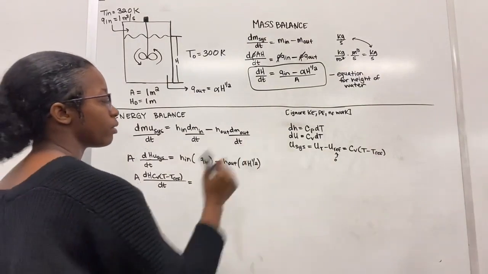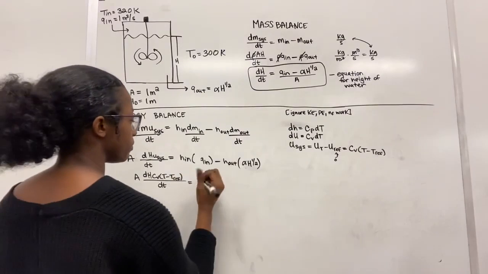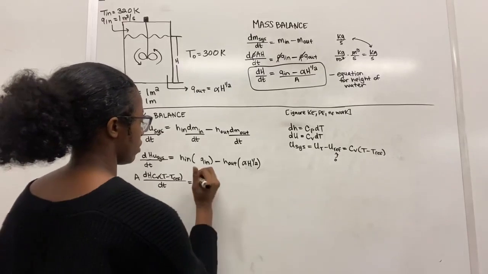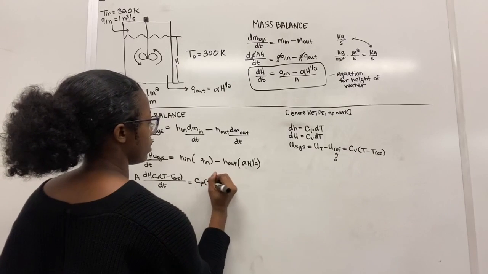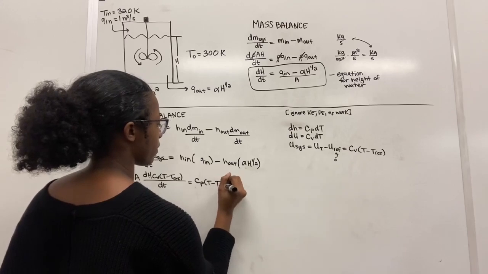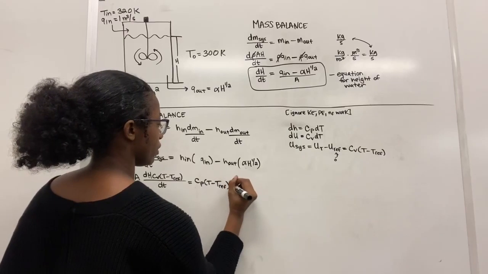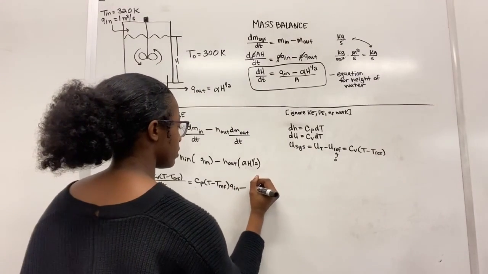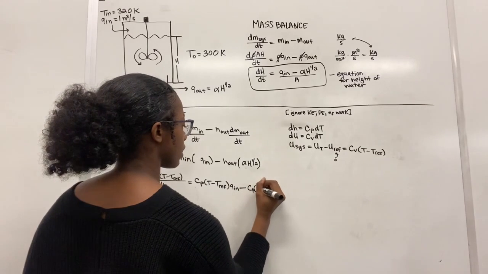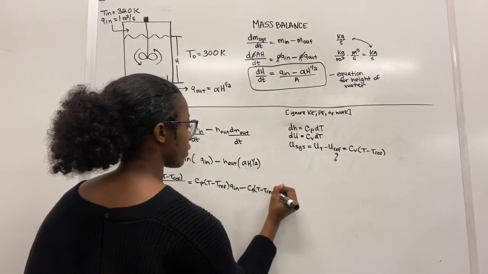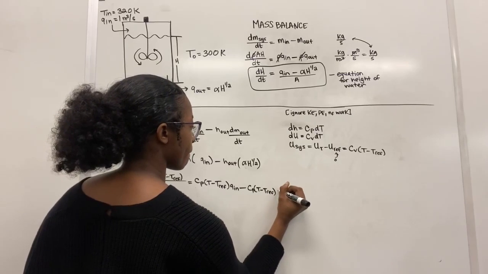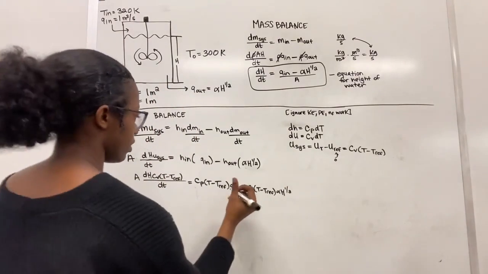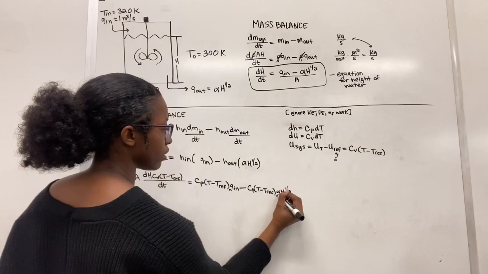And we can implement our equation for our enthalpy, so that we have the constant pressure heat capacity times T minus T ref times the flow rate coming in, minus Cp times T minus T ref times alpha times the height to the 1/2. And this is coming in and going out.